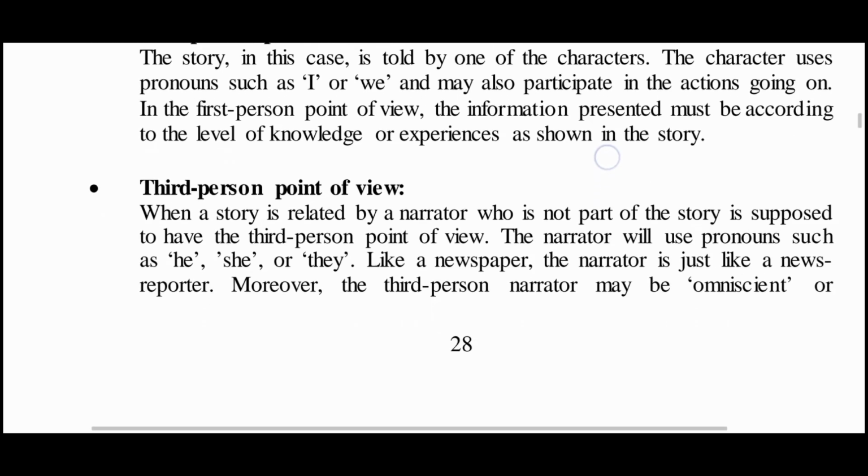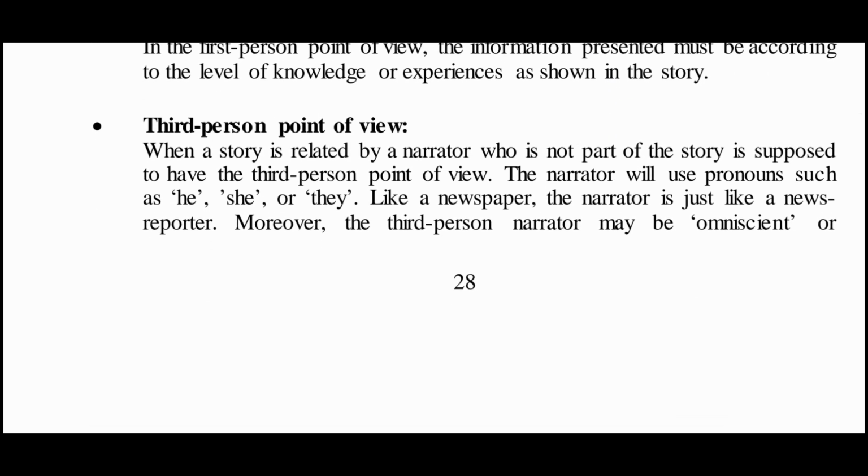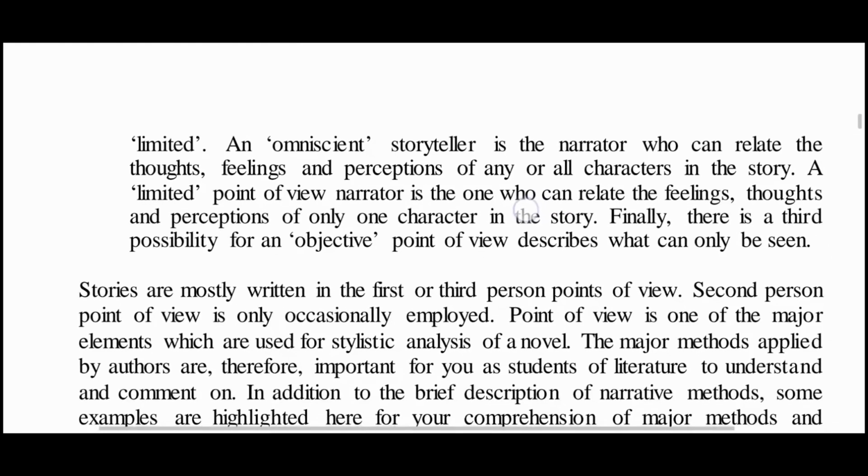Third person point of view: when a story is related by a narrator who is not part of the story, it is said to have the third person point of view. The narrator will use pronouns such as he, she, or they. Like a newspaper, the narrator is just like a news reporter. Moreover, the third person narrator may be omniscient or limited.